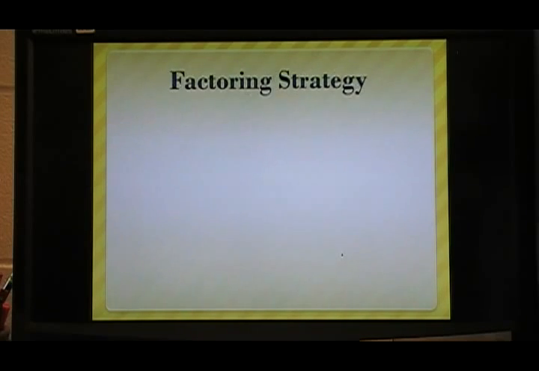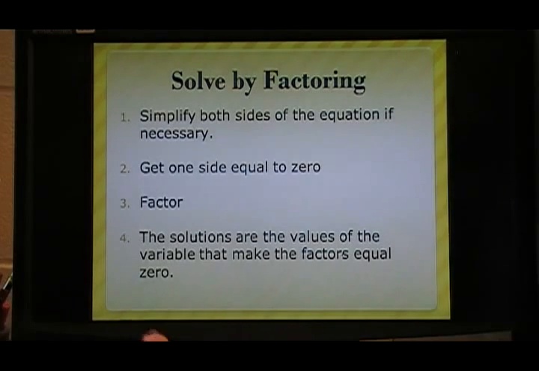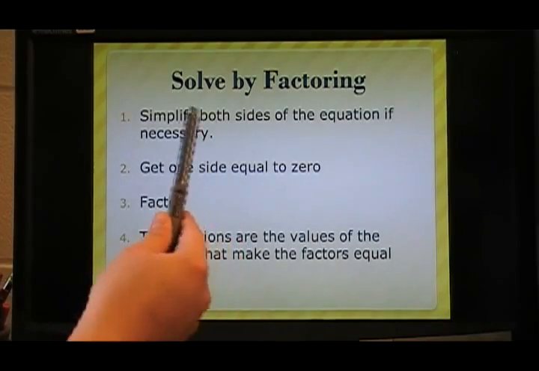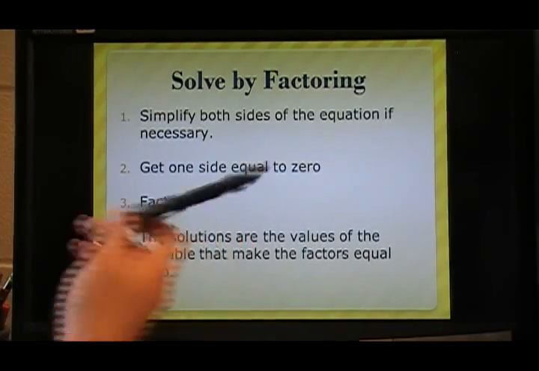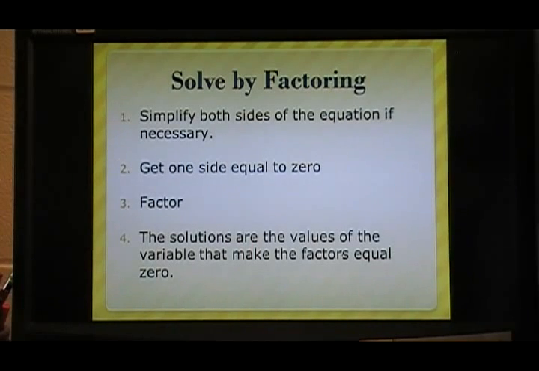As a review, if you're trying to solve a quadratic equation by factoring, you want to, if necessary, simplify both sides of the quadratic equation and then get one side of the equation equal to 0.